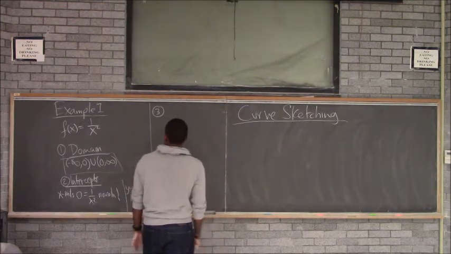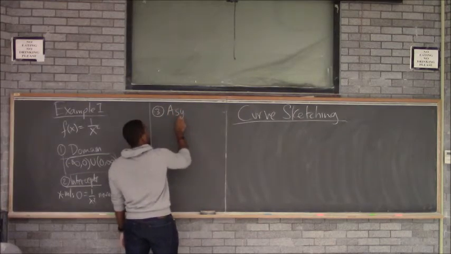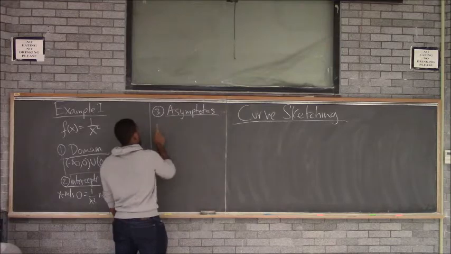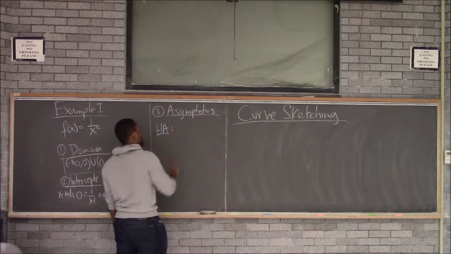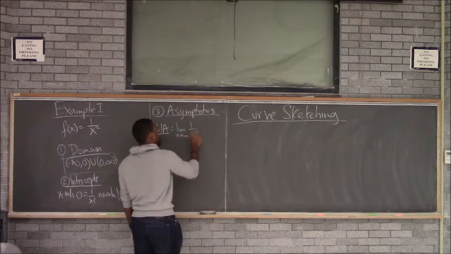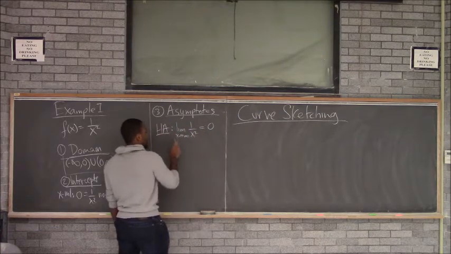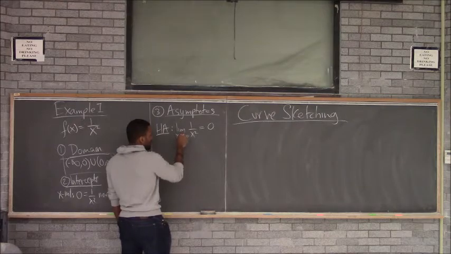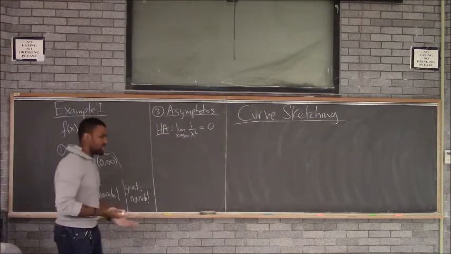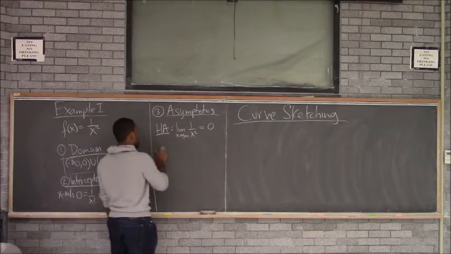What's the third thing? Here I'm going to worry about asymptotes. One at a time. Let's find the horizontal. This means I'm going to take the limit as x approaches infinity of 1 over x squared. You can know that that's 0. Notice that whether I'm doing plus or minus infinity, that's going to be true, so I can just put plus or minus infinity instead of wasting time writing that down twice. Vertical asymptotes.